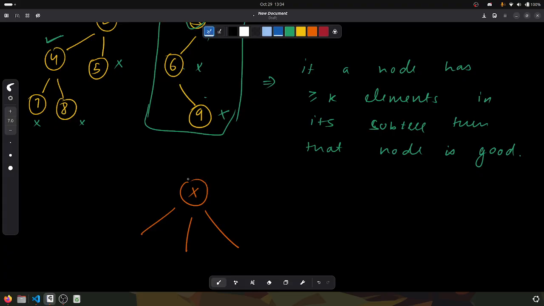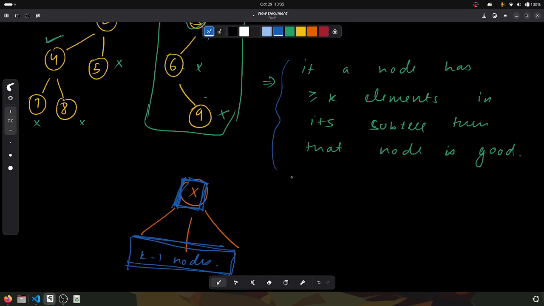I can select this node and k minus 1 nodes from its subtree. This will be a total of k nodes selected, and all these k nodes will always have the LCA as this node only, because all the nodes are selected from its subtree, so the LCA of those nodes and this node will always be this node. So if a node has greater than or equal to k elements in its subtree, then that node is good.